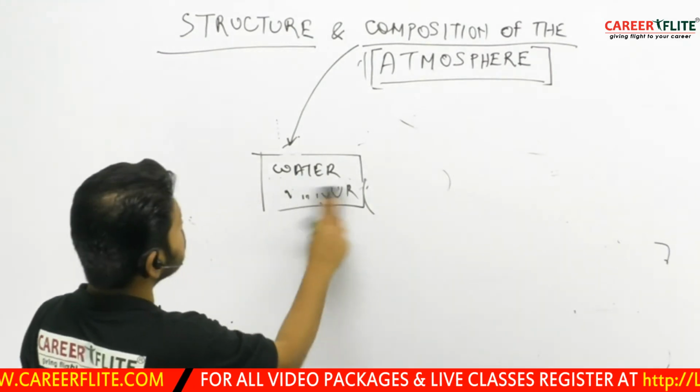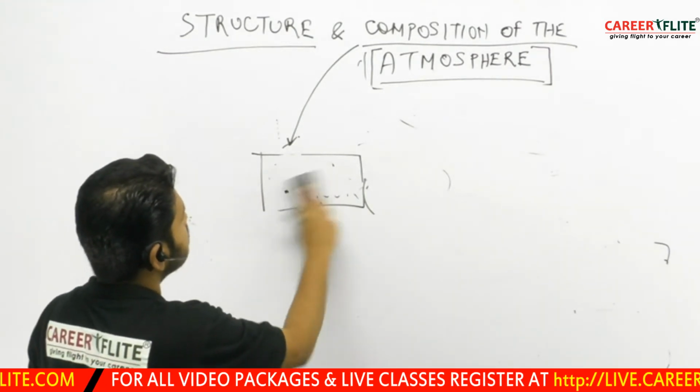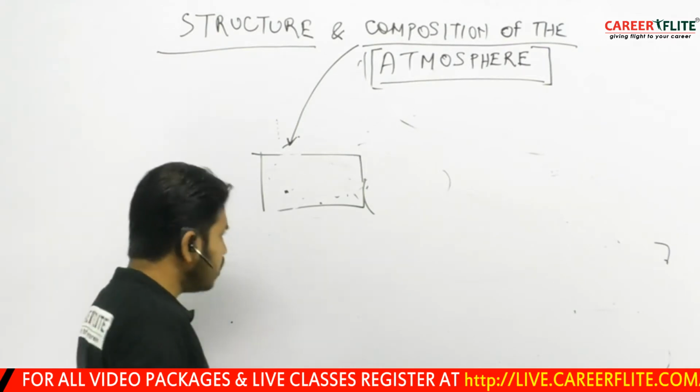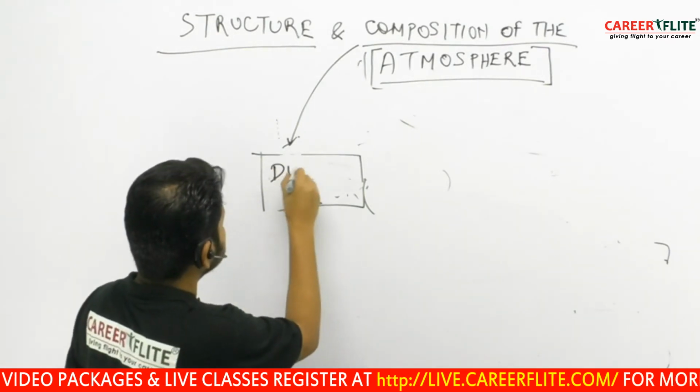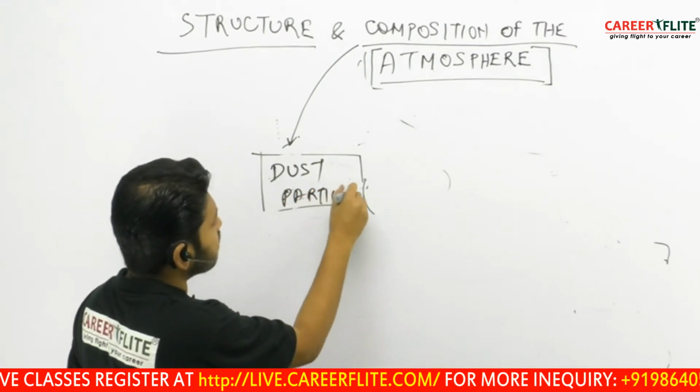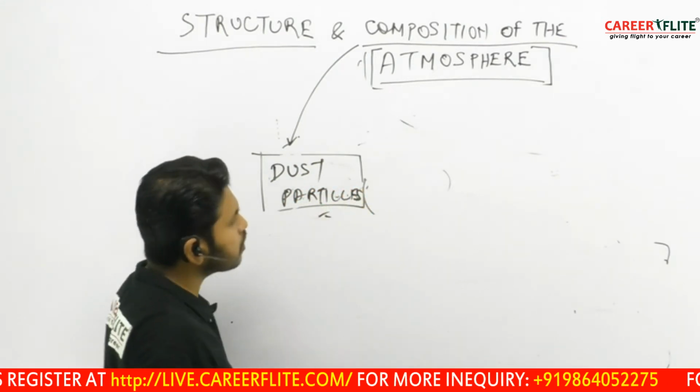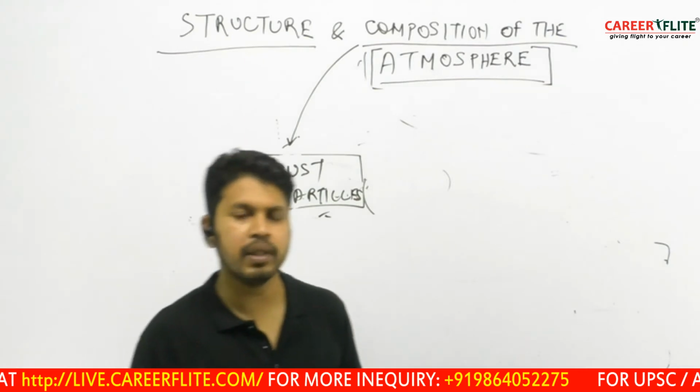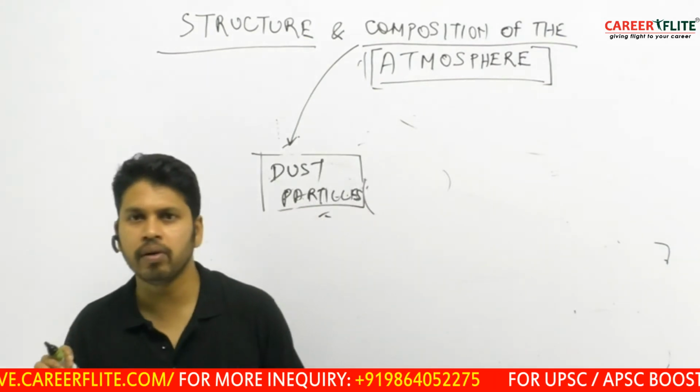The next important one is dust particles. Now, when I say dust particles, it doesn't only include the dust that we generally speak about, dust of soil or sand, all these things.